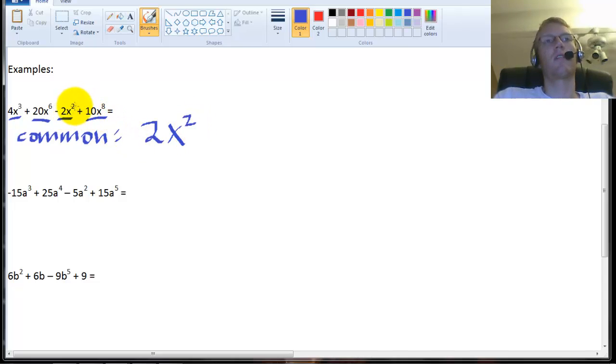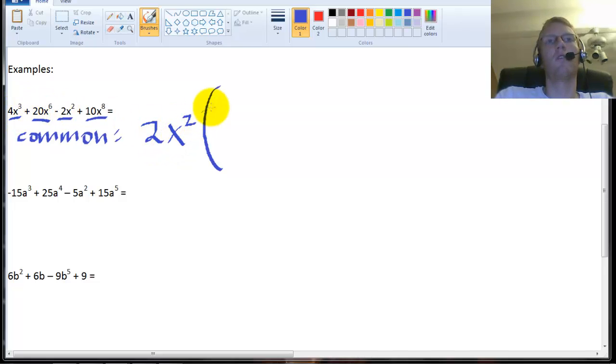So this one has 2 x's in it. All the other ones have more than 2 x's. And by 2 x's I mean x times x, x multiplied by itself 2 times. But all the other ones have more than that. The biggest thing that they all have is x squared. So now we see, what do they have left behind? Well, each of these terms needs to be divided by 2x squared.